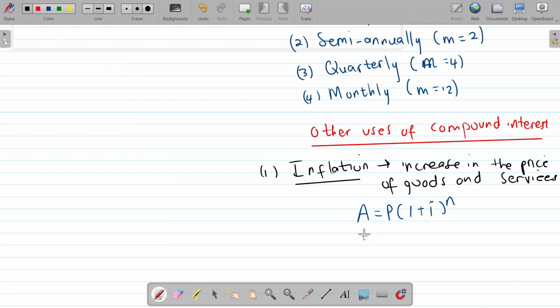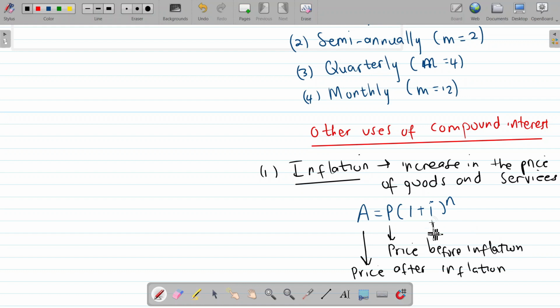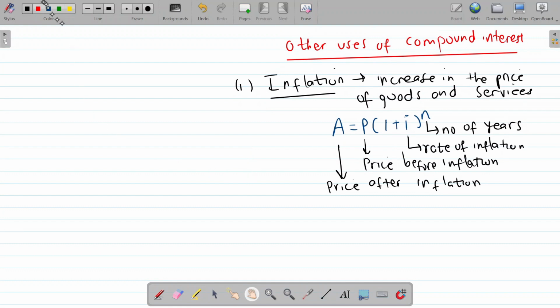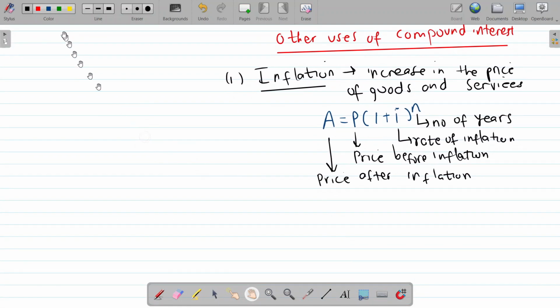In this way, A would be the price after inflation, and then P would be the price before inflation. i would be the rate of inflation, and n would be the number of years. So that is inflation, one of the uses of the compound interest formula.